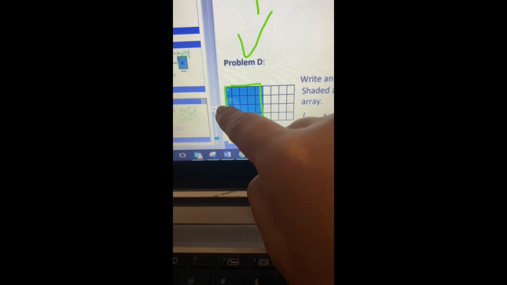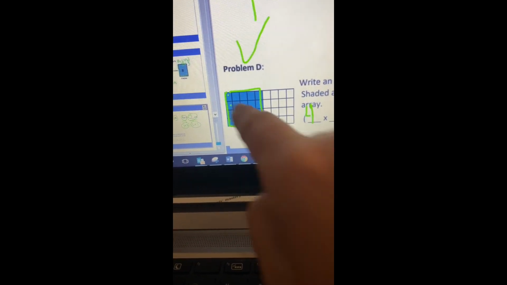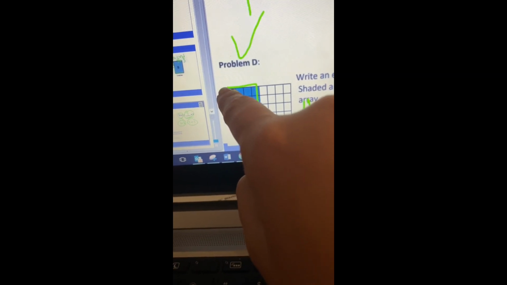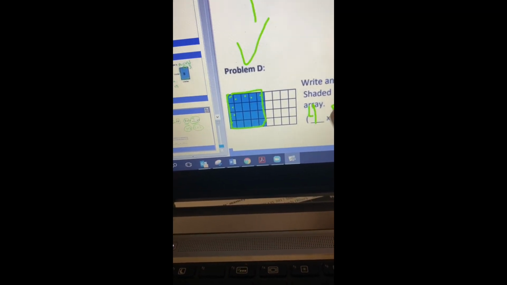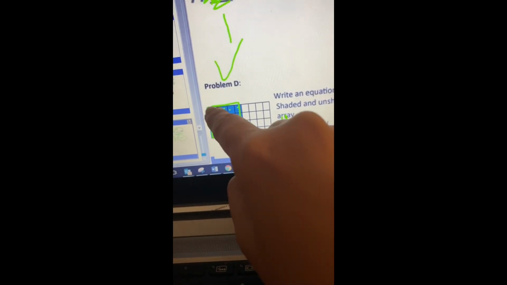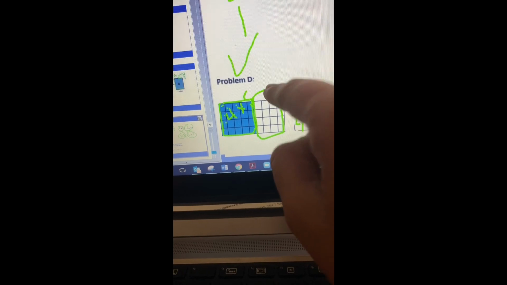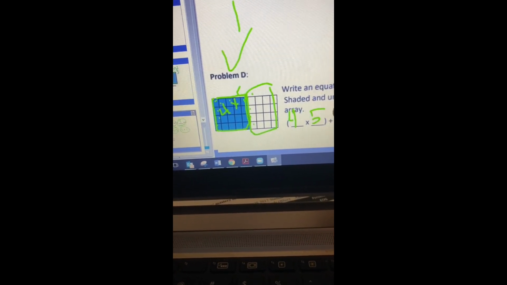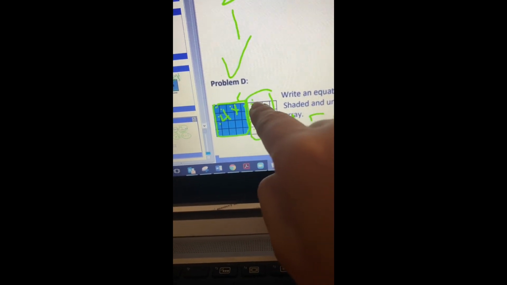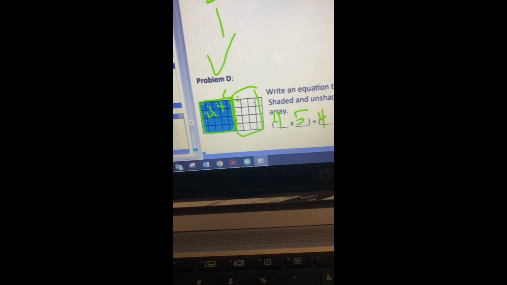1, 2, 3, 4. You dive down, that's how many rows? You have 4 rows with 1, 2, 3, 4, 5 in each. That is the shaded 4 times 5. And now we have to look at the unshaded. Again, we still have 1, 2, 3, 4 rows with how many in each? 1, 2, 3, 4 in each.